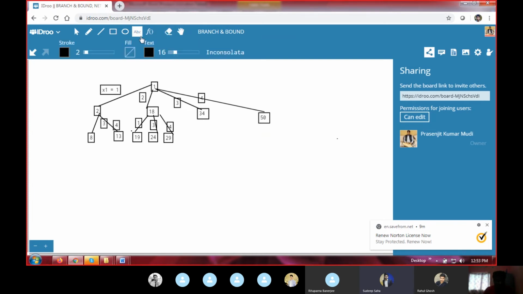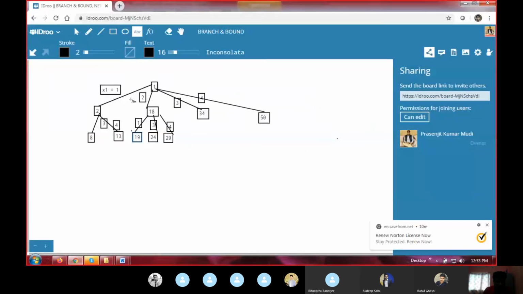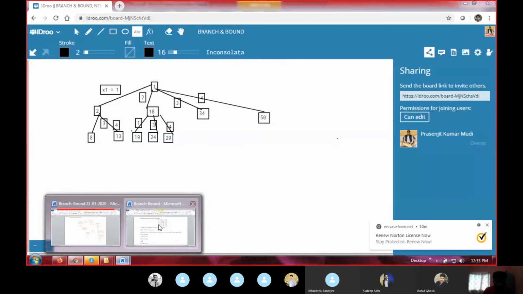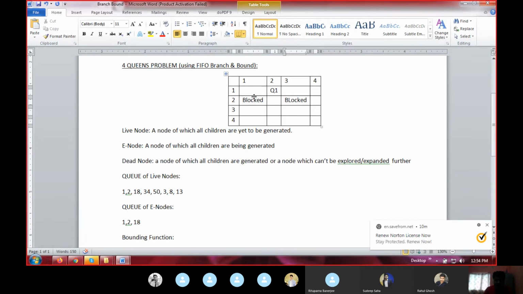Fine. So next, while generating node 19, node 24, node 29, corresponding to x2 equal to 1, 3 and 4: if you place q1 here and q2 at either 1, 3 or 4, right? As this is blocked, this is also blocked, these two positions are blocked.